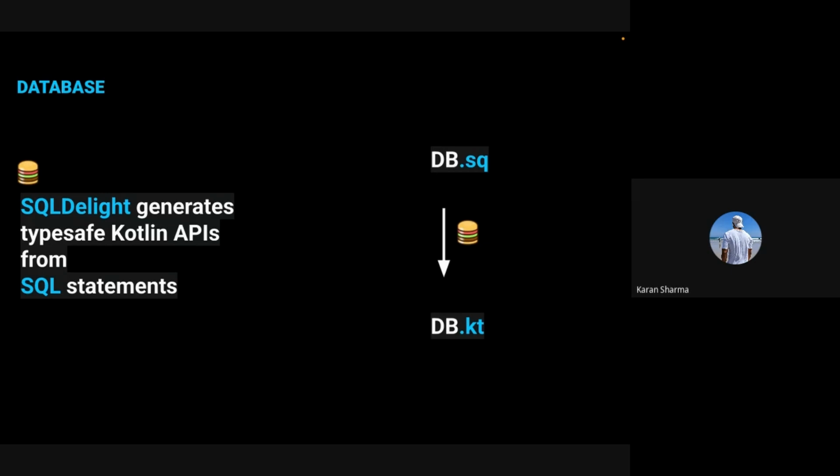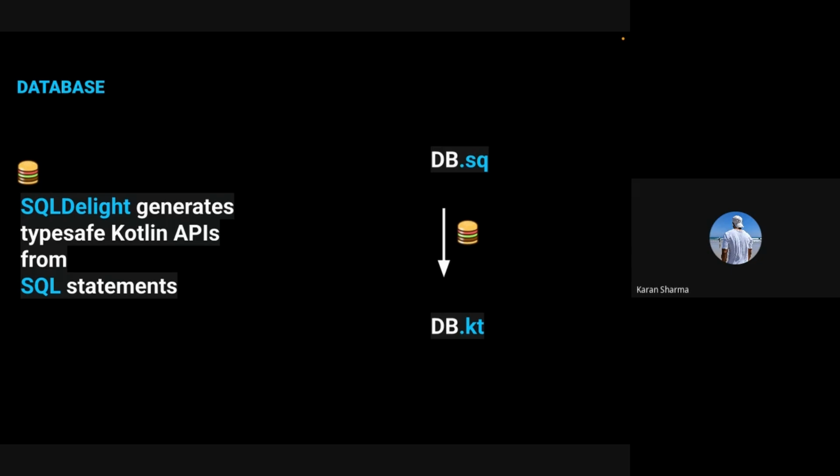So Room is also another multi-platform library. Room recently got the multi-platform support. That is the library from Google itself. So what they do is the opposite of this. With Room, we have to write Kotlin code first, and then it gets converted into SQL. So if you are somebody who doesn't like SQL or doesn't like to work with SQL, Room is the best choice for that. Go for it.